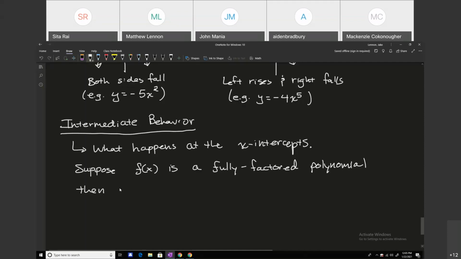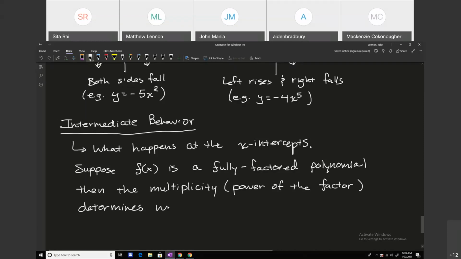Then the multiplicity, that's just a fancy word for the power of the factor, determines what happens there.